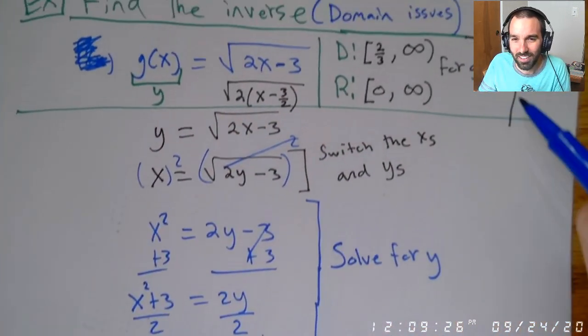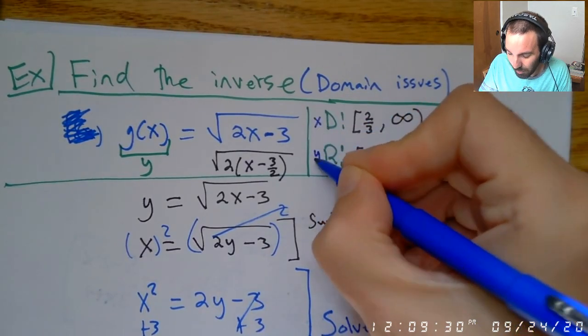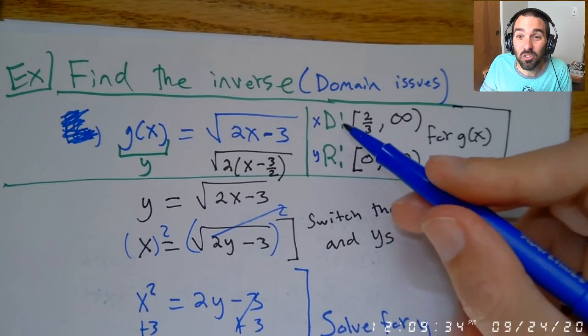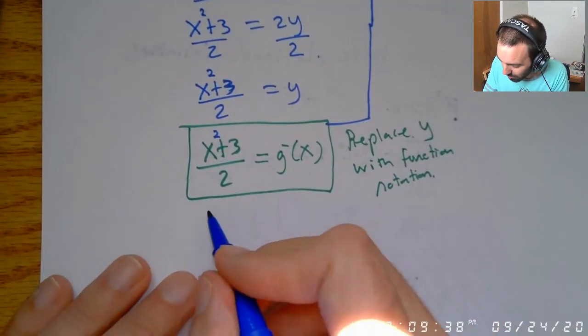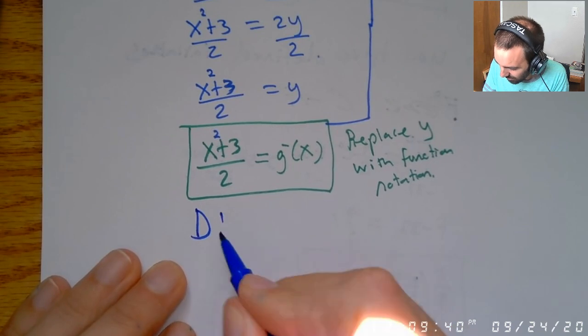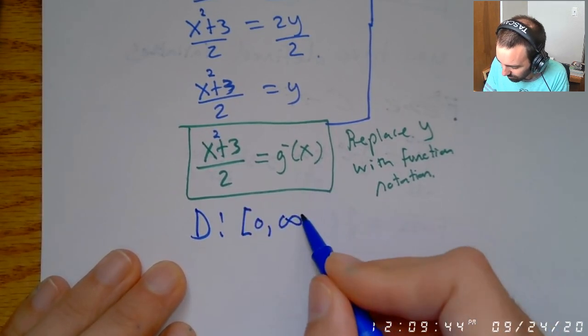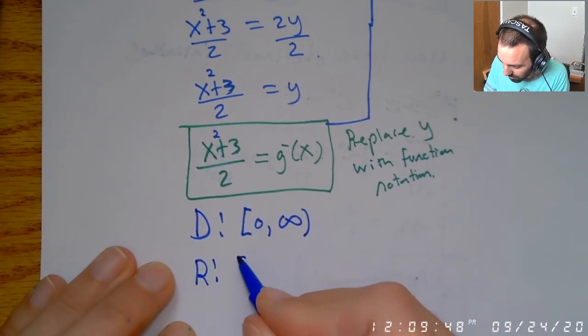So think about this. Domain and range. Isn't this what works for my x and what works for my y? So my inverse function just switches my domain and range. So my domain is my old range, and my range is my old domain.